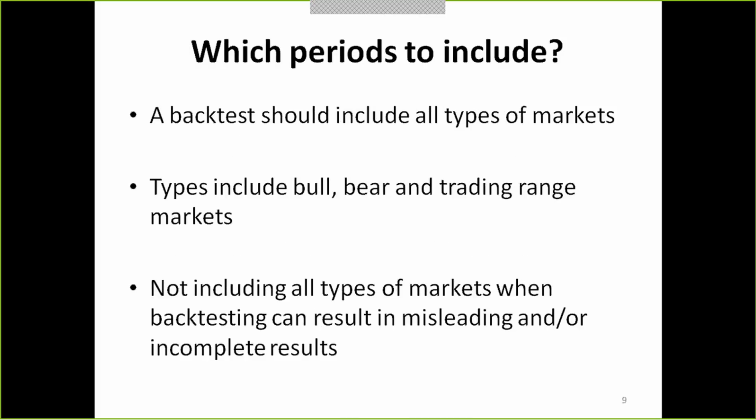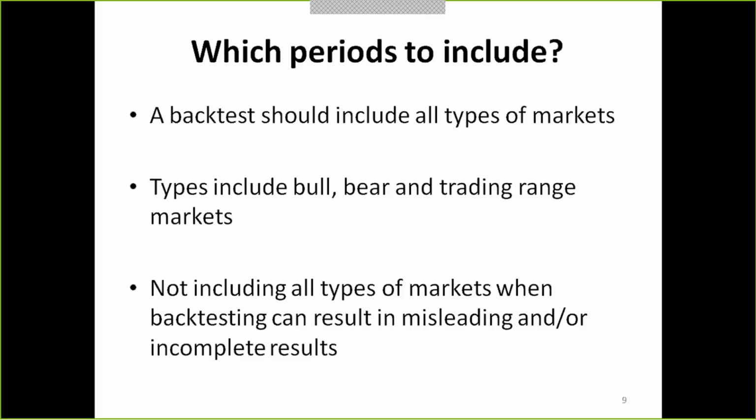Okay, and then what periods to include in your back test? You do have to be careful that you don't just back test one type of market. You want to include all types of markets: bull markets, bear markets, trading ranges. That's something I've evolved and am more careful about than perhaps I was in the past. You see some kind of market that's maybe bullish in nature, and you do your test there.